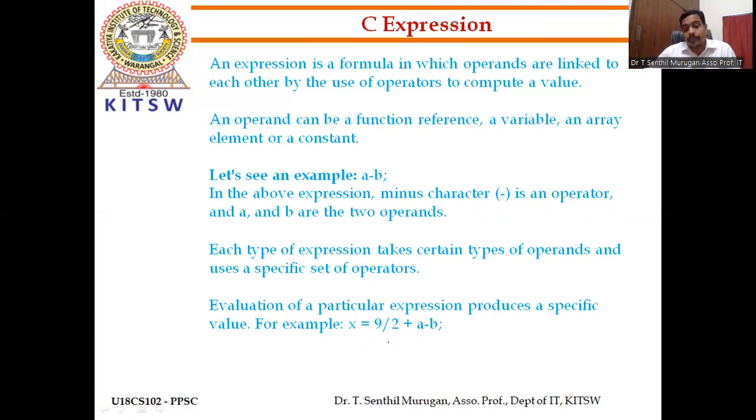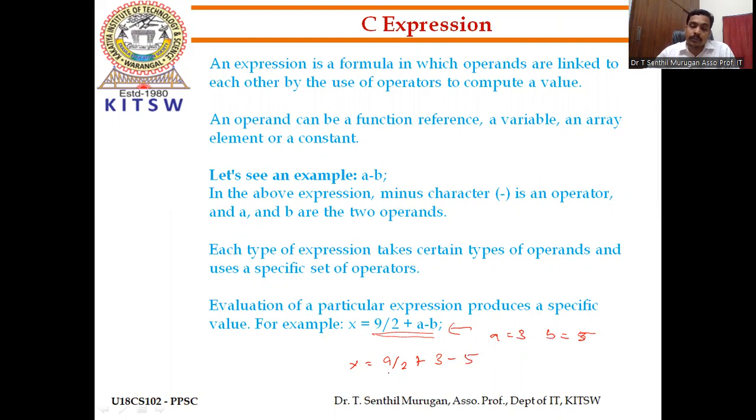How can we evaluate it? We know this is the expression, but how do we evaluate it normally in mathematics? For example, if a value is 3 and b value is 5, how will we evaluate x equal to 9 by 2 plus a value 3 minus b value 5?